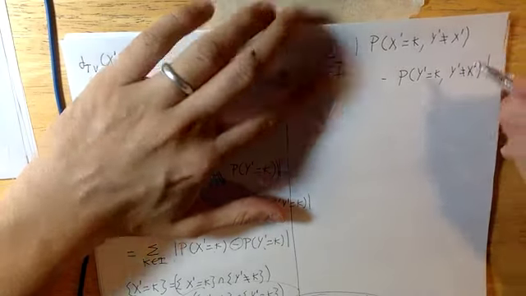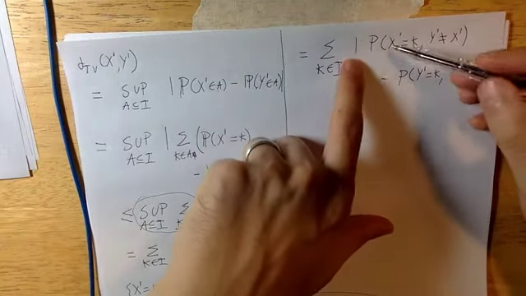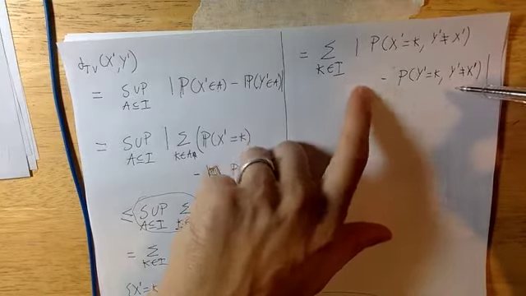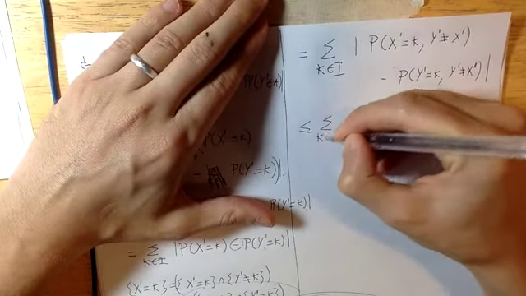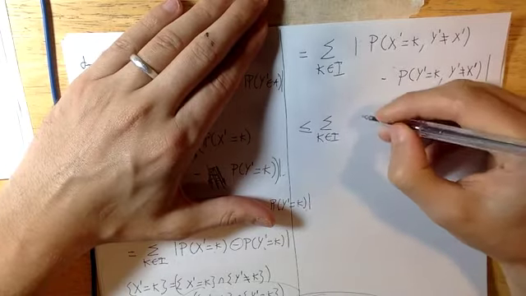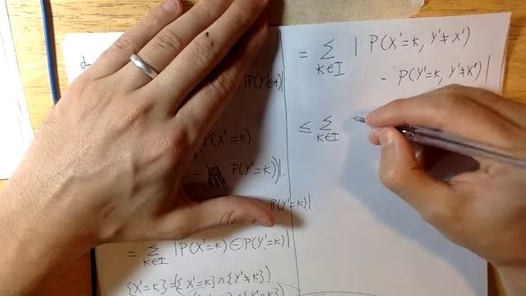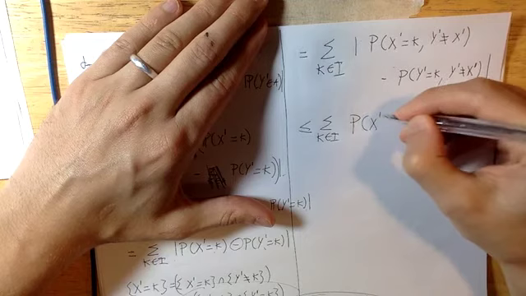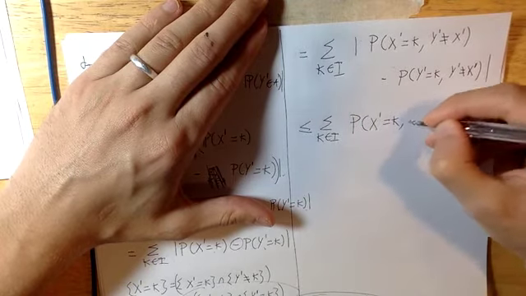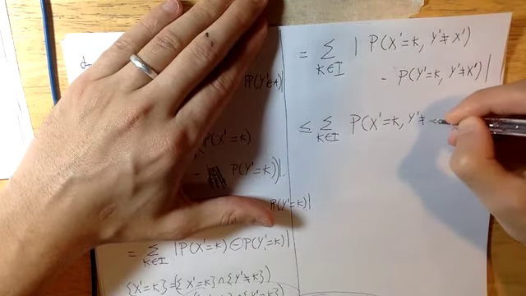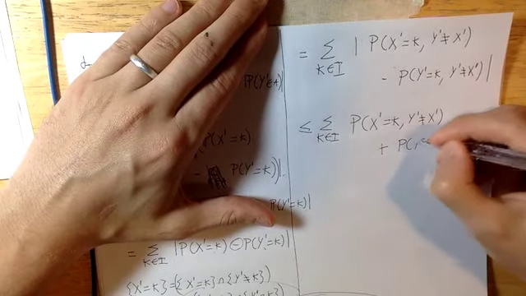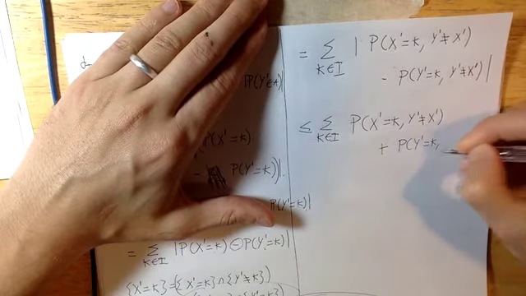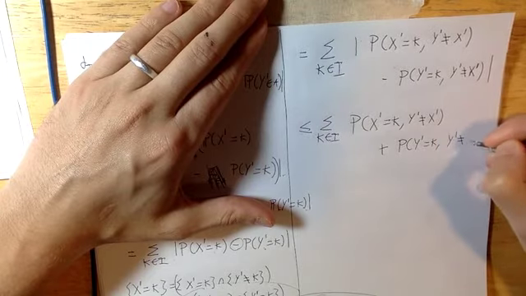And now we can say that the difference between these two is less or equal than the sum over k in I of the probability that X' is equal to k, comma, Y' is different from X', plus the probability that Y' is equal to k, Y' is different from X'.